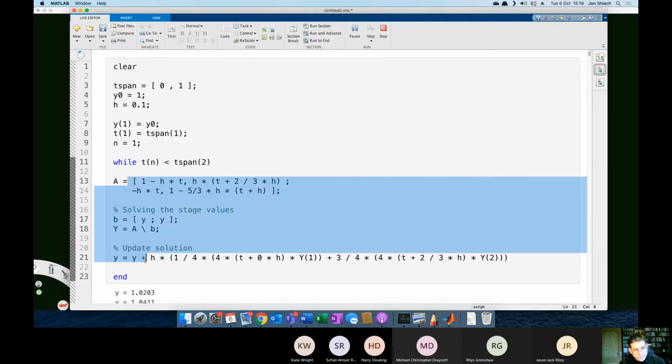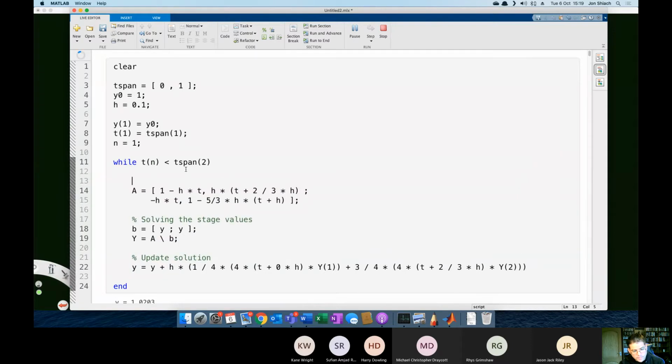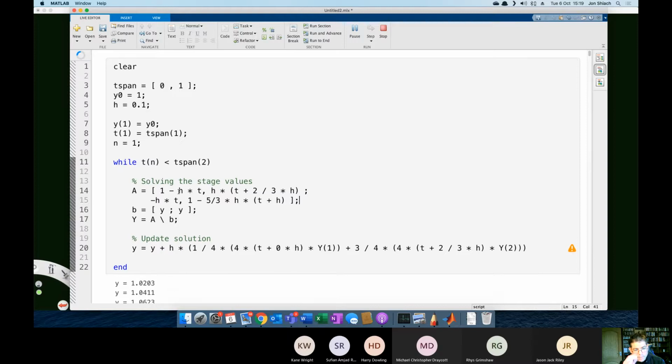First we need to solve for the stage values. I'm going to make that a bit more correct. Our A matrix changes in each step, because it is dependent upon tn.